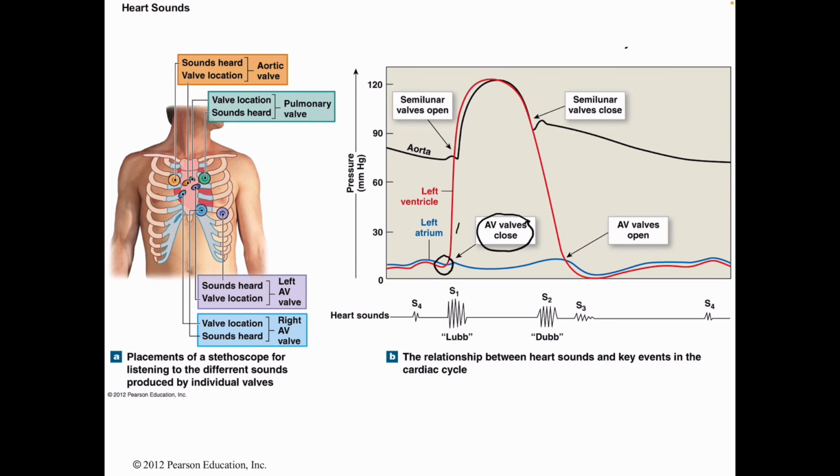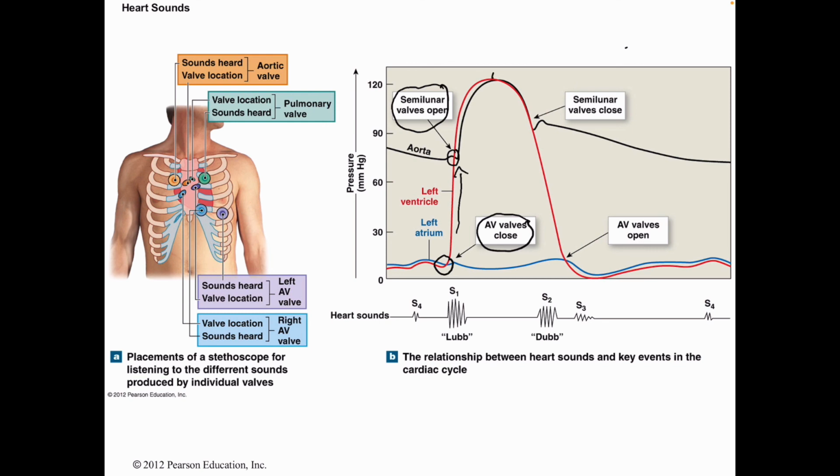As the pressure in the left ventricle increases, we get to a point where the pressure in the left ventricle is greater than the pressure in the aorta, represented by the black line. So that forces the semilunar valves to open and pushes blood out into the aorta.